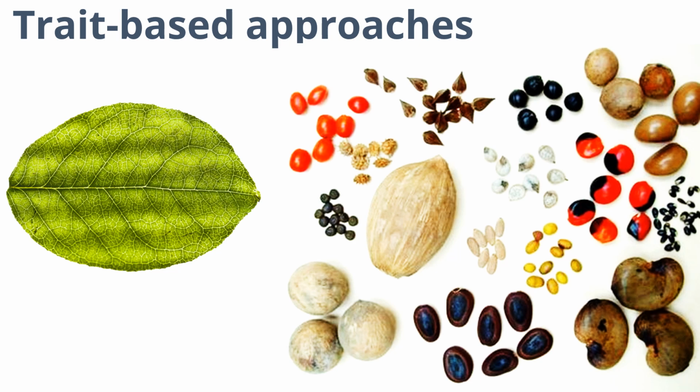So for leaf size, larger, thinner leaves indicate faster growth rates, higher rates of photosynthesis, and shorter leaf lifespans. Whereas thicker, smaller leaves, think of the kinds of plants that you might see in a desert, often indicate slower growth and a longer leaf lifespan.